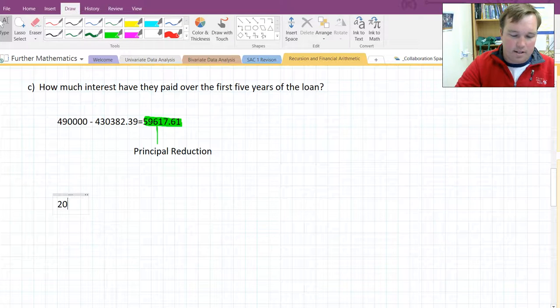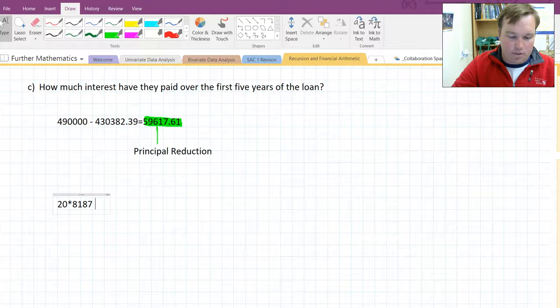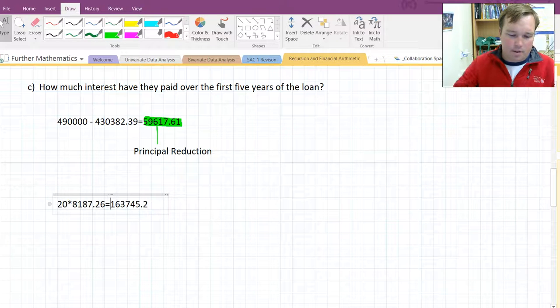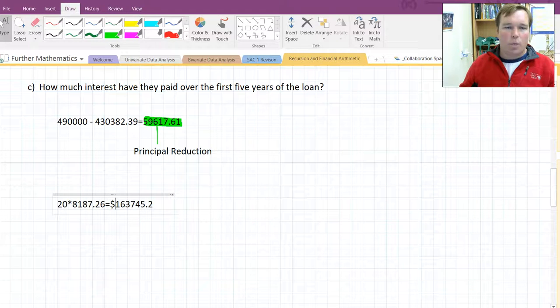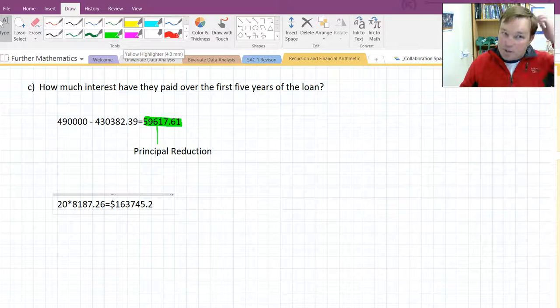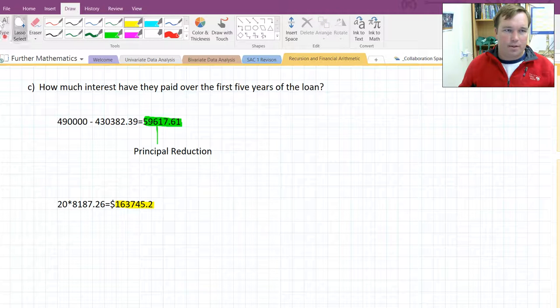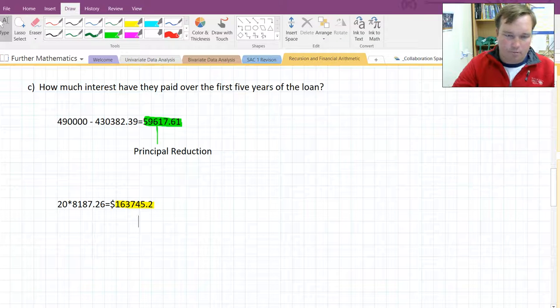So it's 20 times 8,187.26 is this. So what's happened is they've paid $160,000 to the bank, but the loan has only gone down $60,000. This here is the total repayments made.